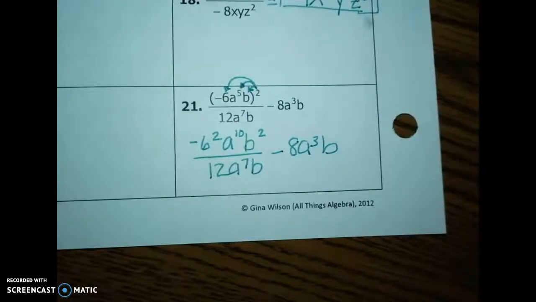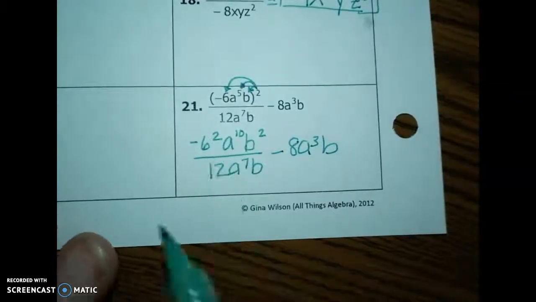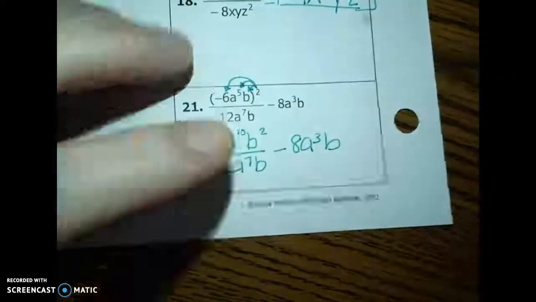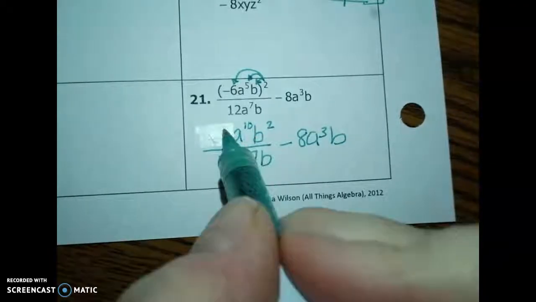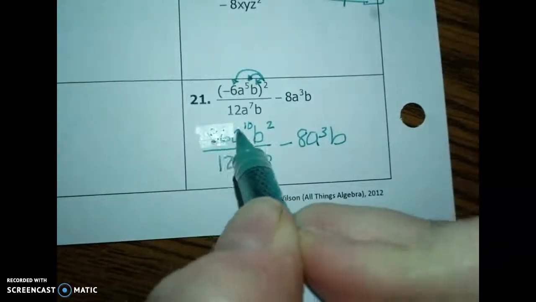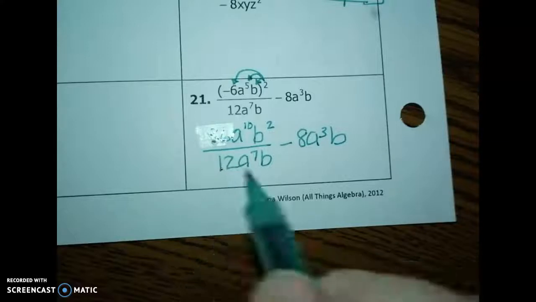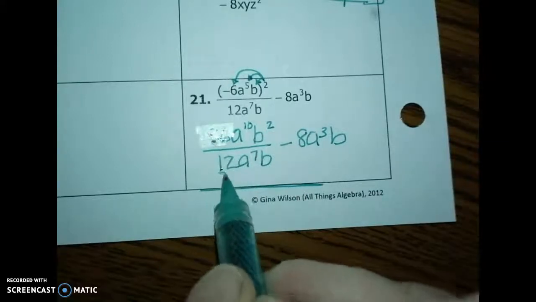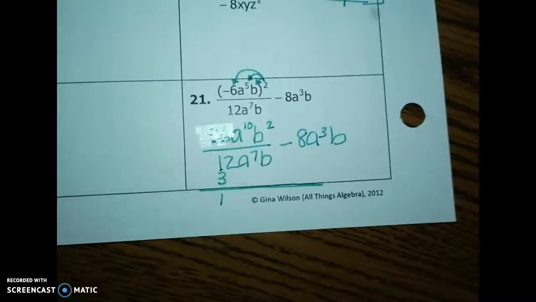So now when I look at my fraction, negative 6 squared is actually a positive 36, because negative 6 times negative 6. So for the interest of space, I'm just going to write this in for you, that we have 36 there. 36 divided by 12, it does reduce. 12 goes into 36 3 times in itself once.